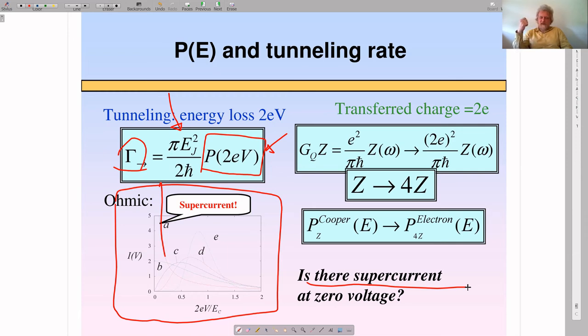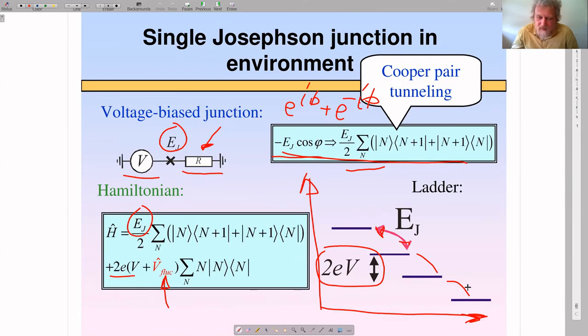Although, let me perhaps start this. The process which I consider is not supercurrent. It is accompanied by dissipation, and there's also a voltage source. If voltage is 0, I will have all these steps perfectly aligned. And what does it mean?